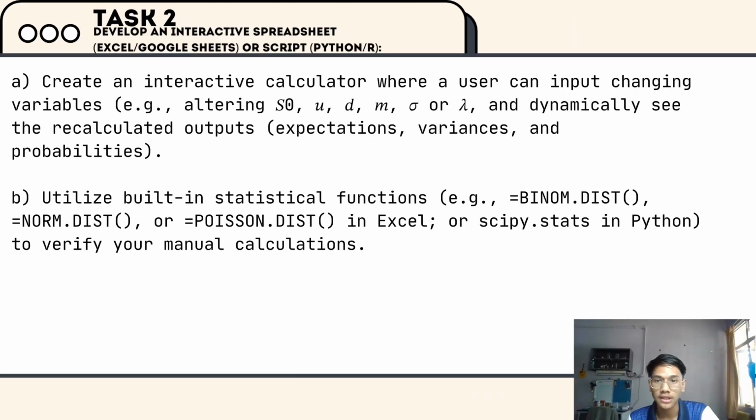For task number 2, we're going to develop an interactive spreadsheet, which I'm going to use in Microsoft Excel, to create an interactive calculator where a user can input changing variables, utilizing statistical functions like binomial distribution, normal distribution, and Poisson distribution in Excel.